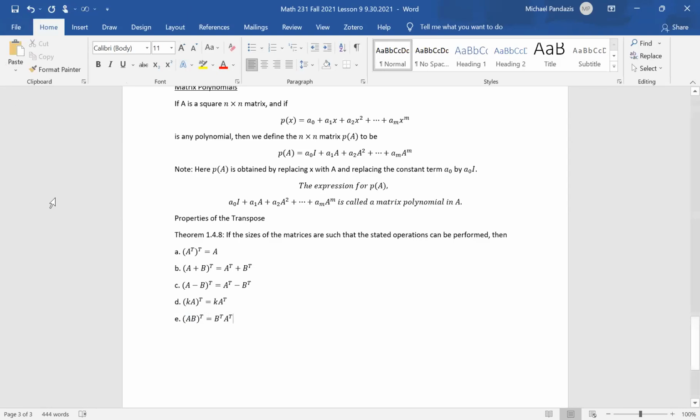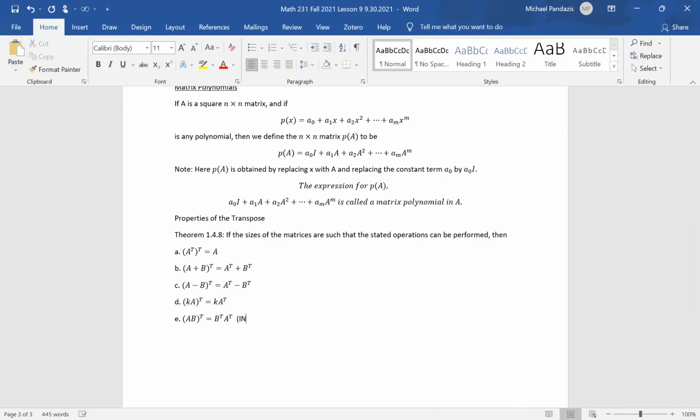So just like when you take the inverse of a product of matrices, it's the product of their inverses in reverse order, if you take the transpose of a product of matrices, it's equal to the product of their transposes in reverse order.